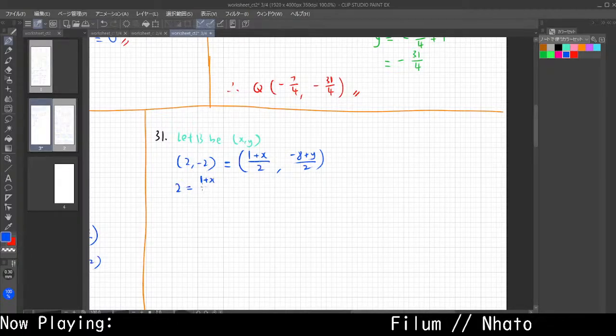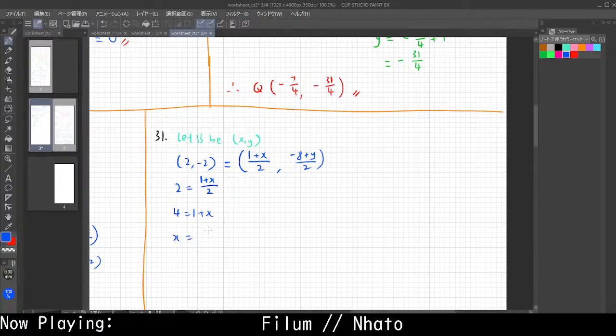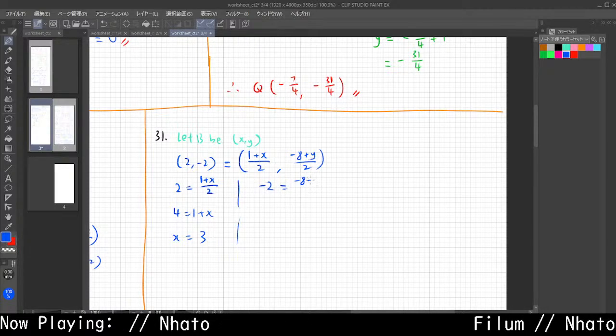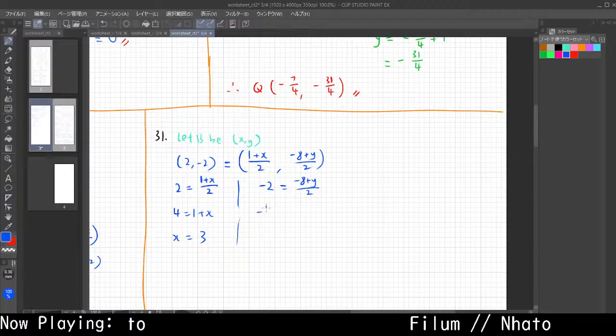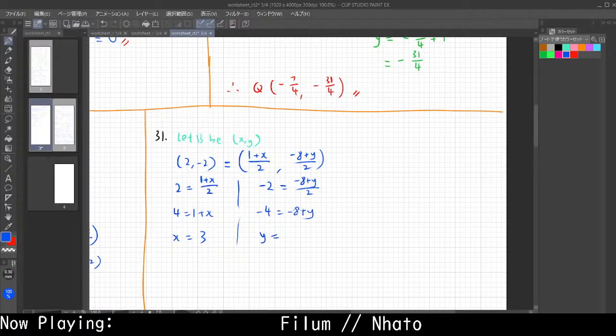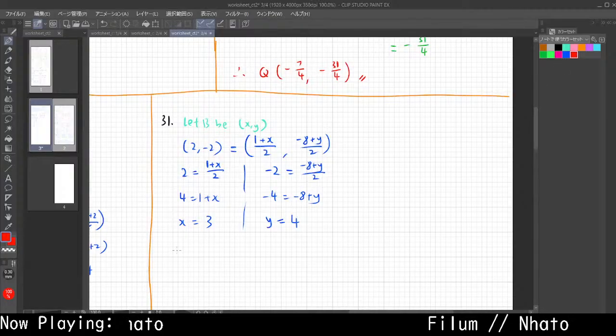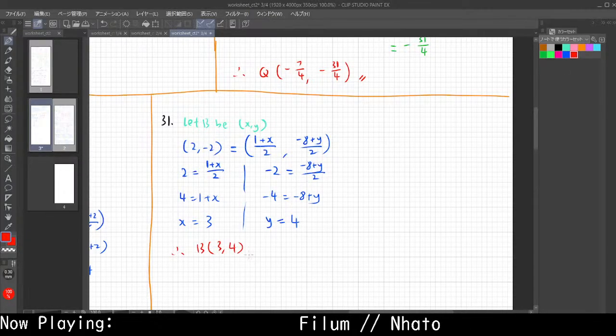I don't even have to write by comparison. 4 minus 1, 3. Bring over 8, minus, plus become plus, 8 minus 4, 4. Okay, so therefore B has coordinates 3 comma 4.